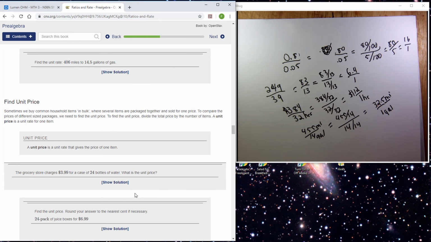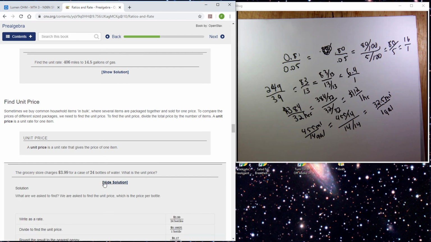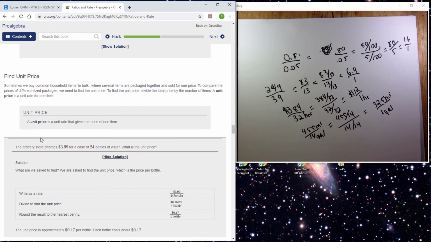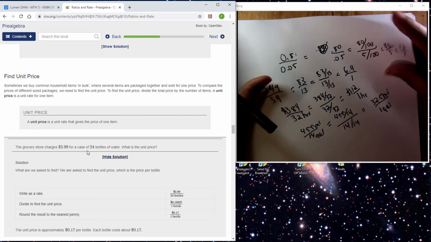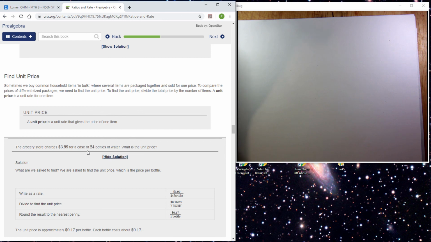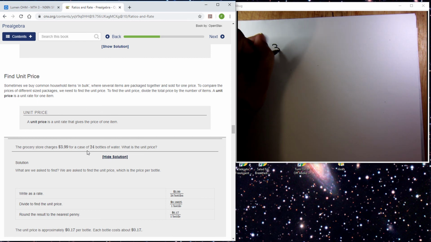Unit prices. Here again is the price per unit. Could be price per ounce. So looking at an example of that, they give us $3.99 for 24 bottles.